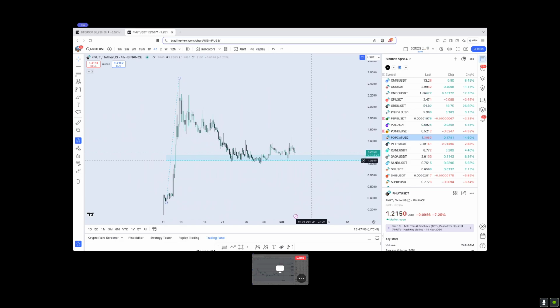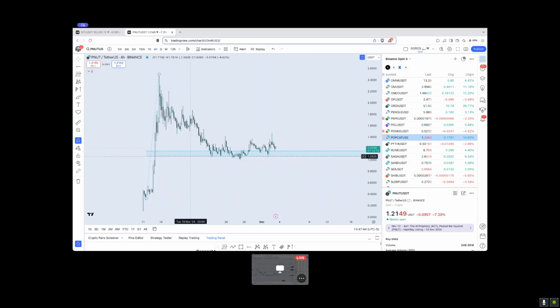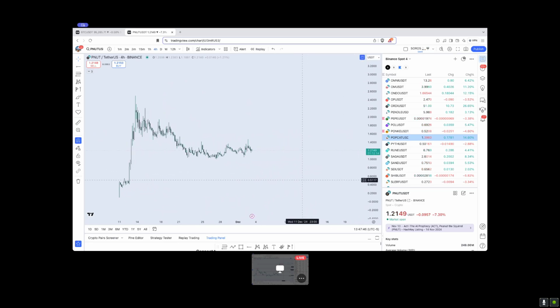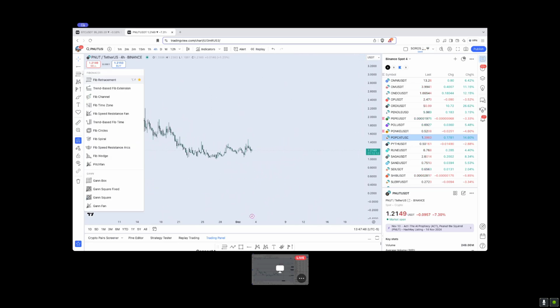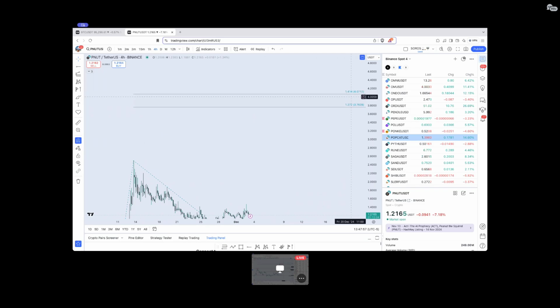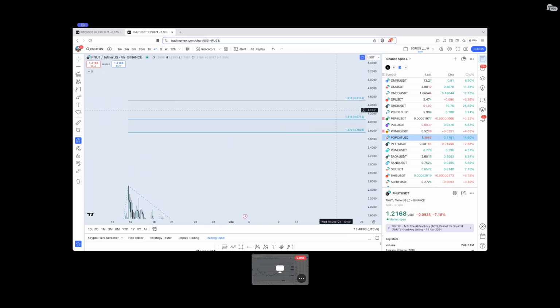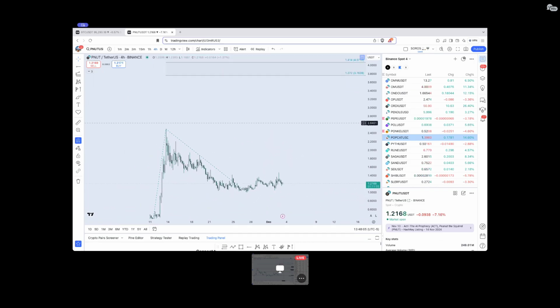For a meme, 618 on the first pullback is pretty good, because if they buy it, you're looking at projections to the 1618. Minimum target is in the projection zone, and your max would be like the 1618 up here, 460.